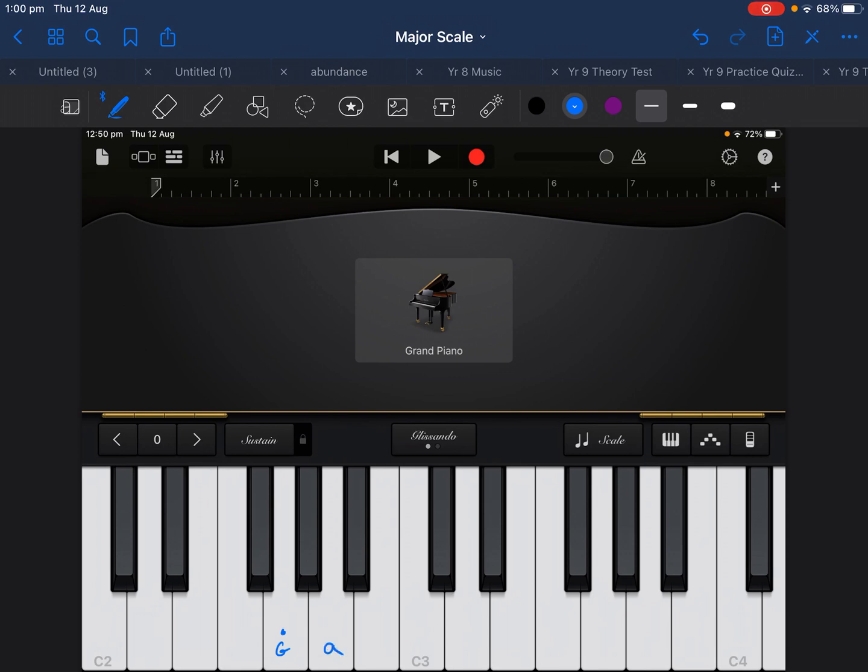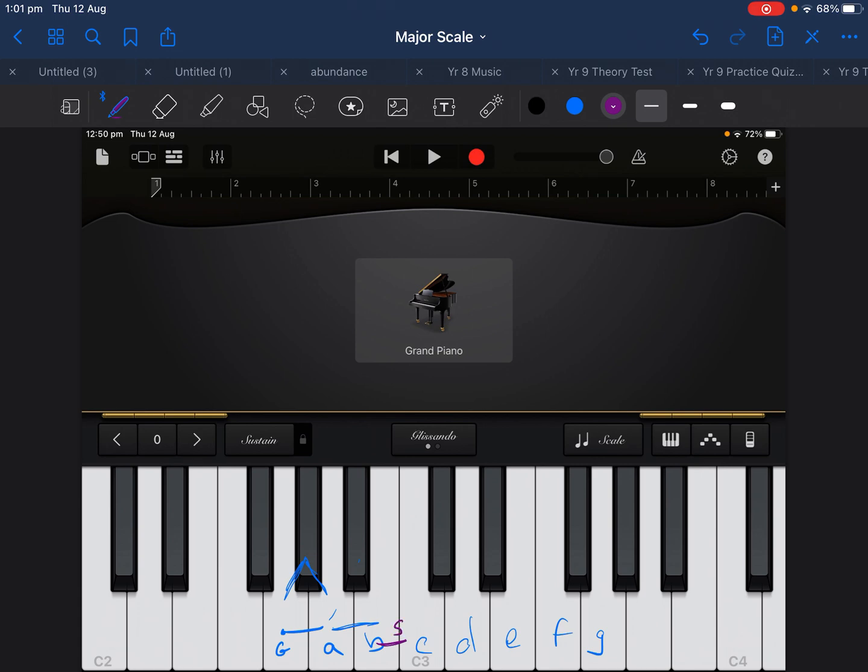So G, A, B, C, D, E, F, G. G to A, is that a tone? Yes, because it's made up of 2 semitones, right? A to B, is that a tone? Yes, it's made up of 2 semitones. Now B to C, that is a semitone.